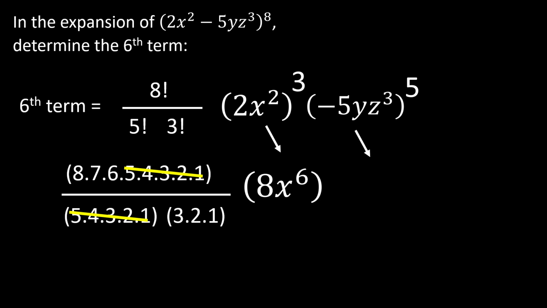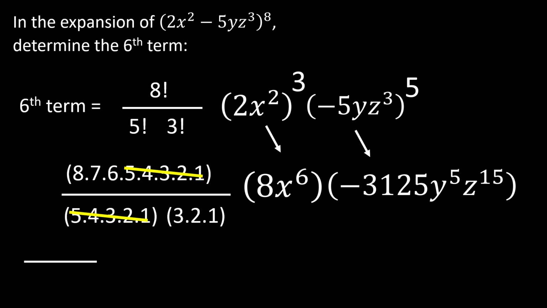But how about negative 5yz cubed raised to the fifth power? How do we simplify this? After using our calculator, we can easily obtain the result of negative 3125 y to the 5th power z to the 15 as exponent.